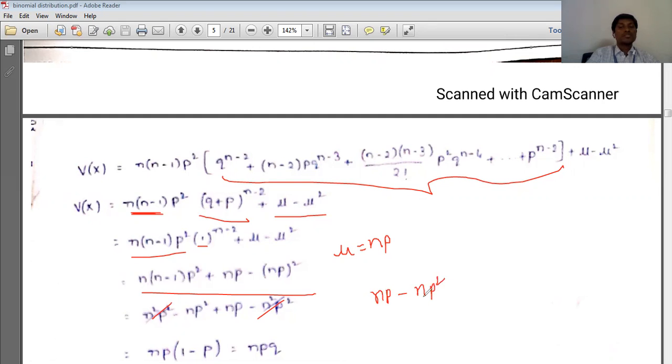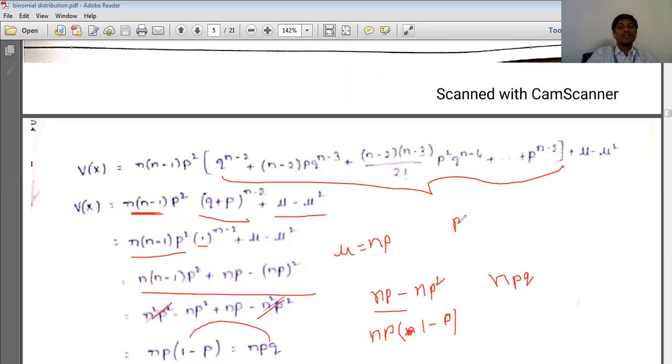In these two, which one is the common one? If you observe, np is the common one, right? So we can take that as common. What remains? If we take that as common, 1 minus p. So np into 1 minus np into p, that is np into 1 minus p, which is nothing but simply q. So q is equal to 1 minus p.